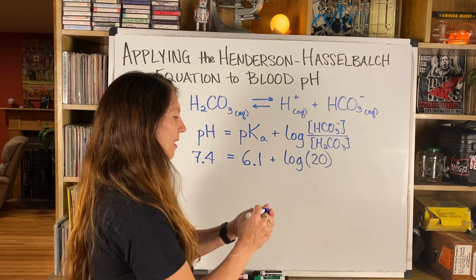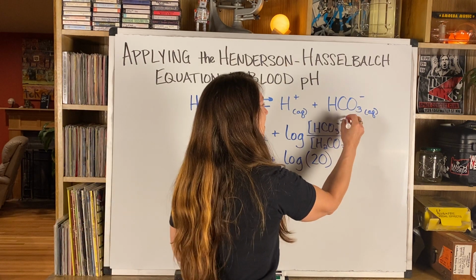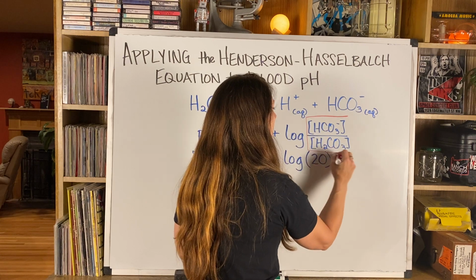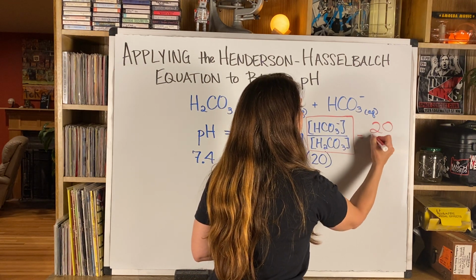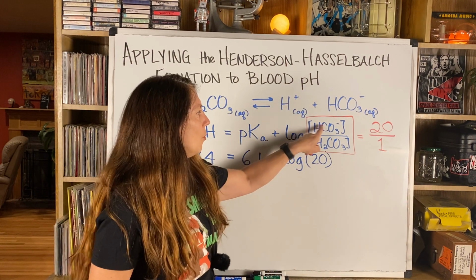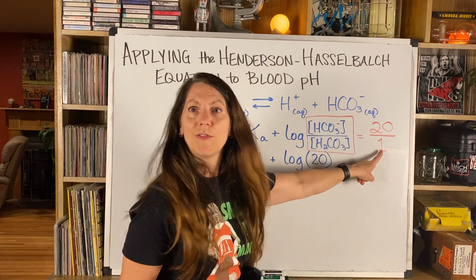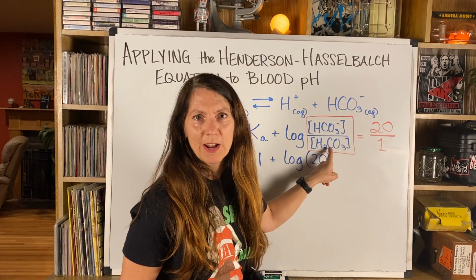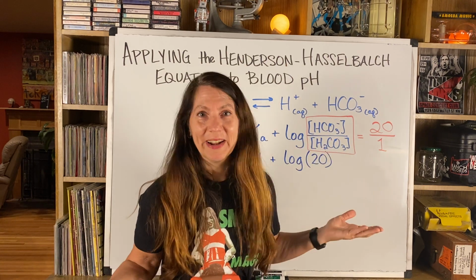Okay, so I'm going to use a different color so we can really focus in on this. This means that our ratio right here is 20 to 1. For every 20 of these bicarbonate ions, we only have one of the carbonic acids. Okay, that's fine. Again, what does it mean?